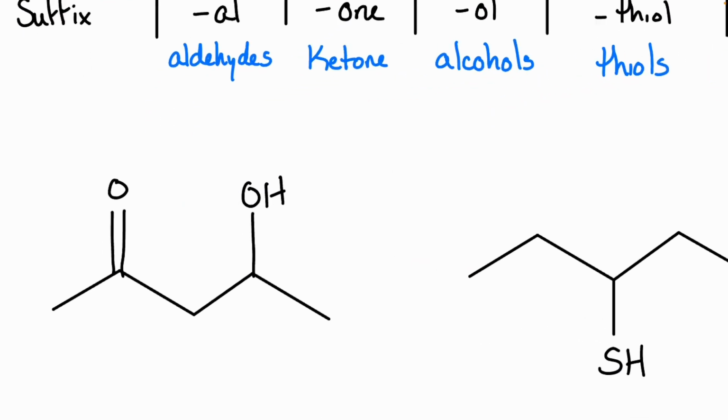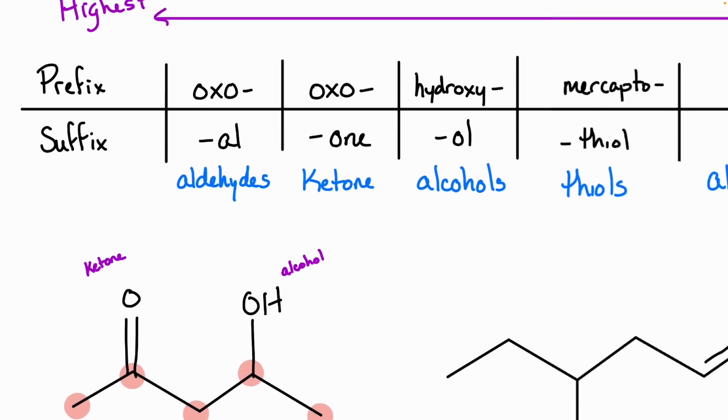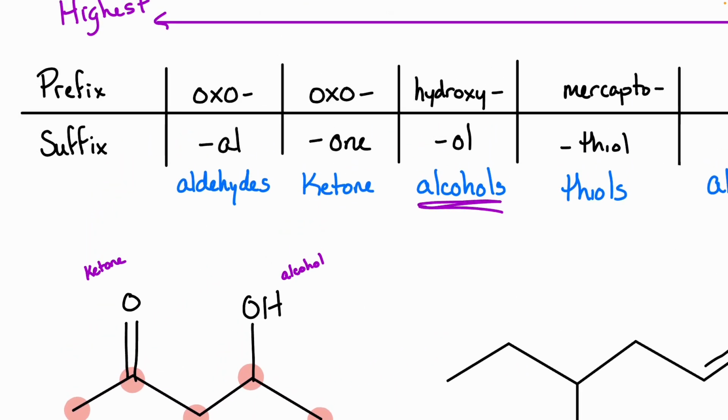So let's do this first one together here, and then I'll have you do the other two on your own. We're going to look at this molecule here. 1, 2, 3, 4, 5 carbons in my parent chain. But it's got two functional groups in there. It's got a ketone, and it's got an alcohol. When I look on my priority list, alcohols are lower priority than ketones.